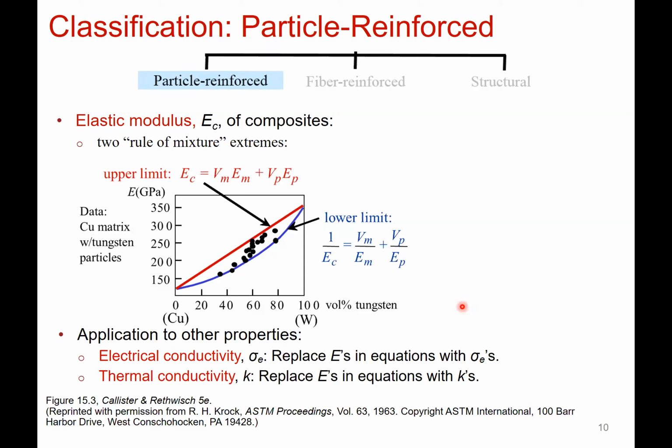We talk about enhanced strength and enhanced stiffness. When we talk about the modulus of elasticity, we can think about it in terms of the rule of mixtures. As I mentioned before, how do we determine the upper bound and the lower bound of the range of mechanical properties that you can get?